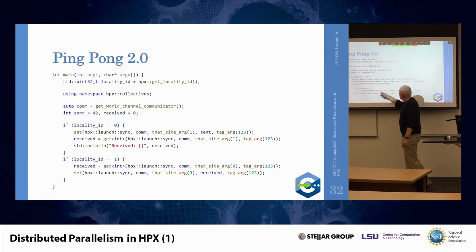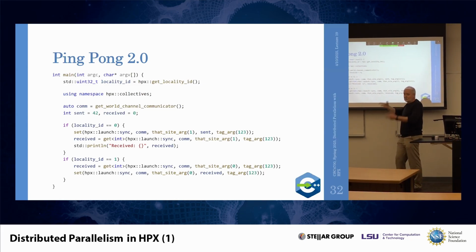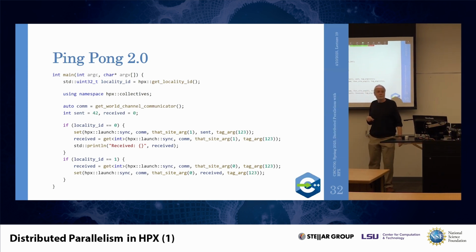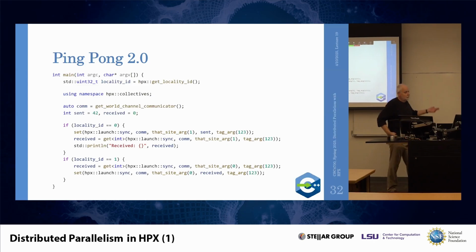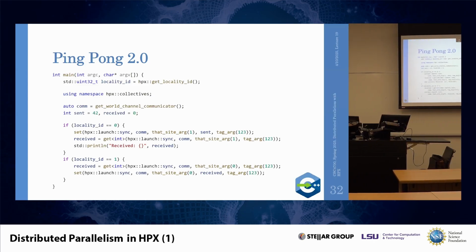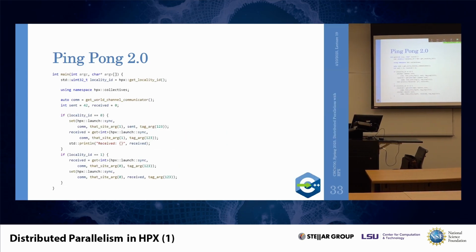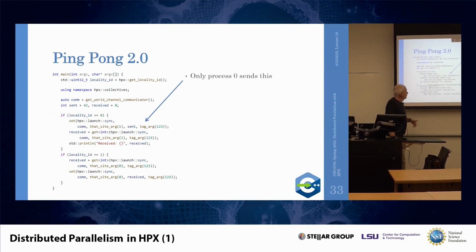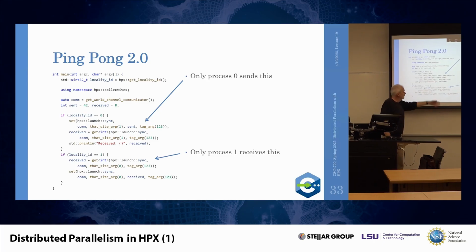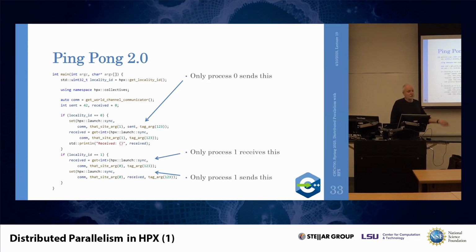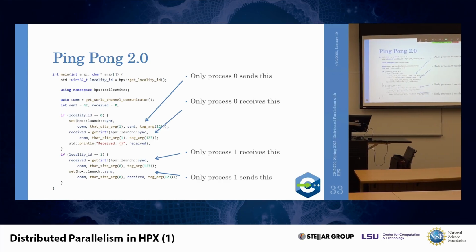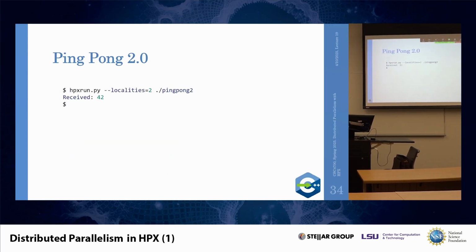And this locality will first try to receive it and then send it back to the same locality. And this will work. So in this case, we will get the result on both localities, and things will just do the right thing. So only process 0 sends this, only process 1 receives it here, only process 1 sends it back, only process 0 receives it, which will do this.